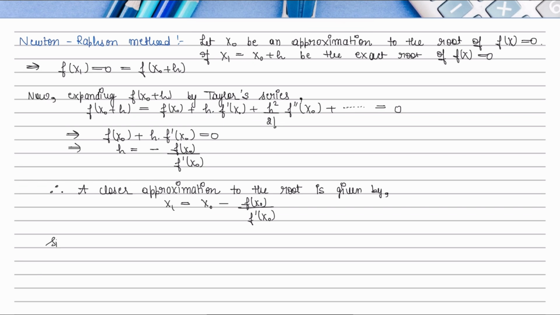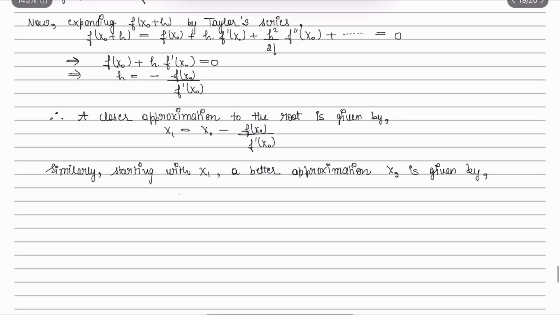Similarly, starting with x1, a better approximation x2 is given by x2 is equals to x1 minus f of x1 divided by f dash of x1.